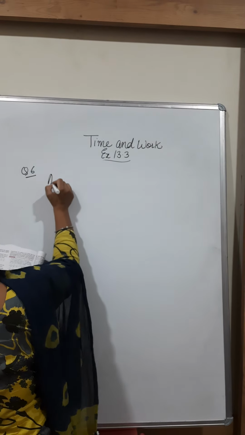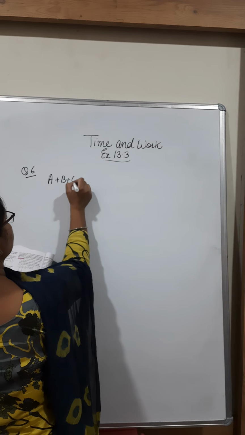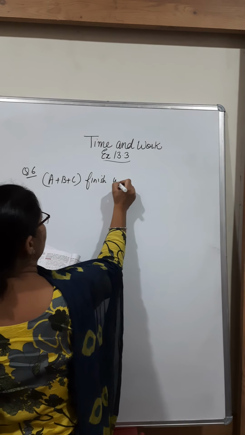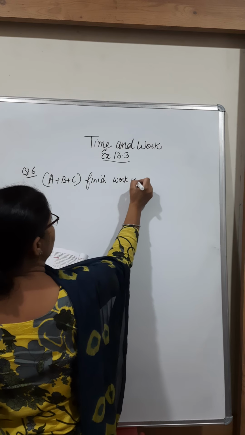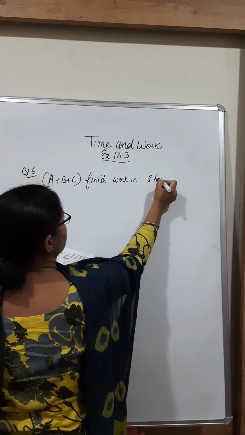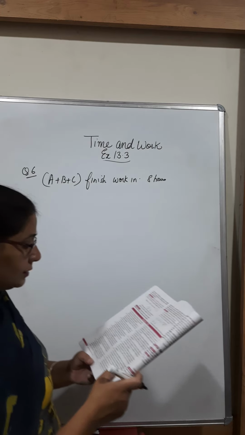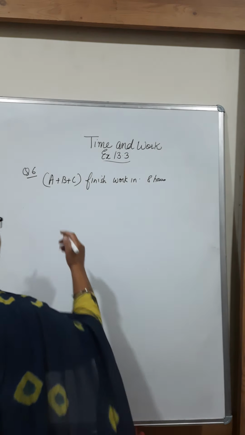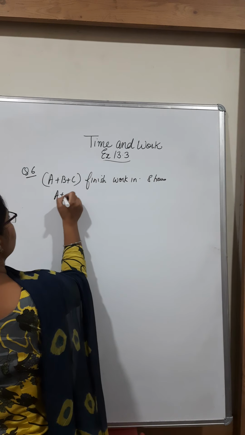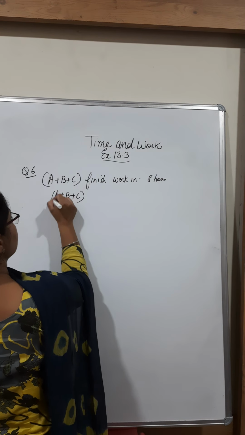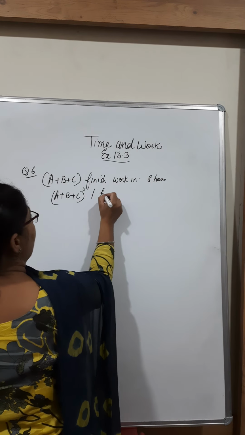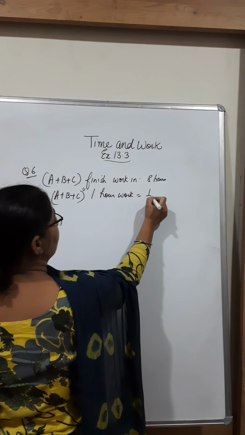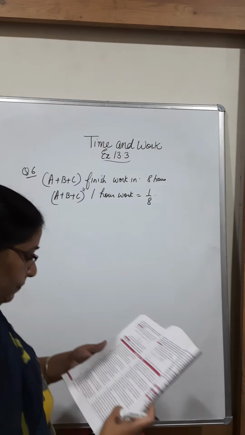So A plus B plus C finish the work in 8 hours. What is it saying? If all of them finish the work in 8 hours, then A plus B plus C's 1 hour work will be equal to 1 by 8.